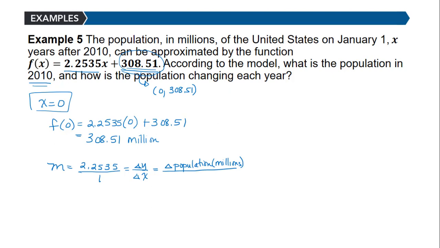And the x is representing the change in the years. Therefore, the population is increasing by about 2.2535 million per year. Right? Because this is saying y goes up by this 2.2535 as x goes up by 1.